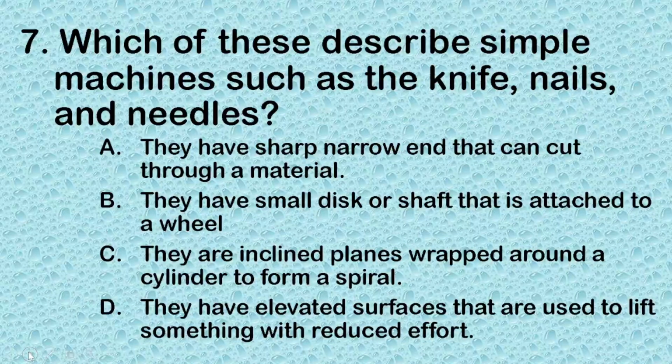C. They are inclined planes wrapped around a cylinder to form a spiral. And letter D. They have elevated surfaces that are used to lift something with reduced effort. The correct answer is letter A. They have a sharp, narrow end that can cut through a material.